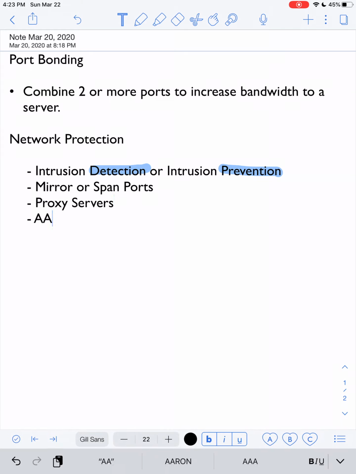And these can also act as AAA servers. Remember, this is authentication, authorization, and accounting.